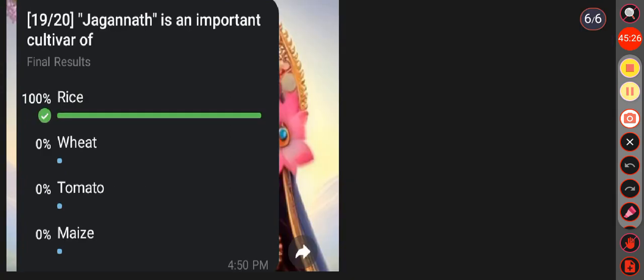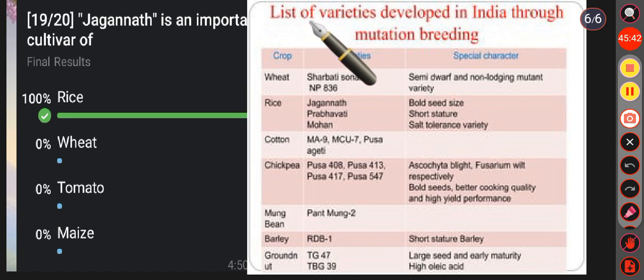Okay, next question. Jagannath is an important cultivar of, option A rice, option B wheat, option C tomato, option D maize. The correct answer is rice. Jagannath is an important cultivar of rice. In this slide, there is a list of varieties developed in India through mutation breeding. Remember another thing, Jagannath is a short height mutant cultivar of rice.